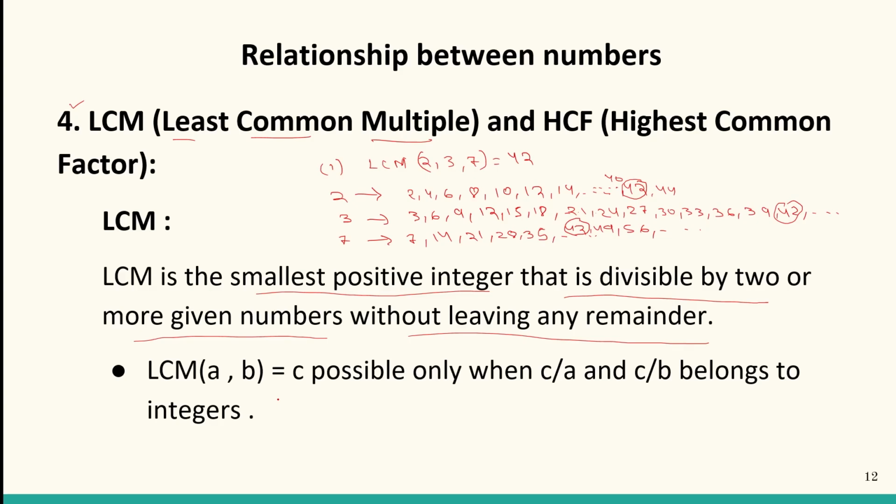So if a number is LCM of other two numbers, then it is only possible when C divides A and C divides B. Okay, that must be a non-zero quantity, non-zero and non-decimal, that is a complete integer.